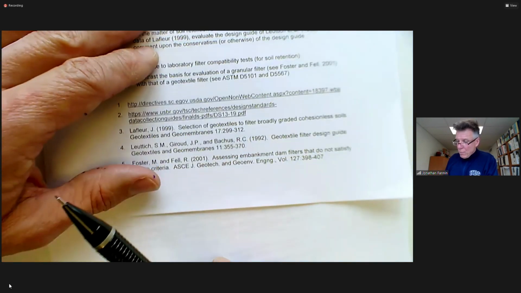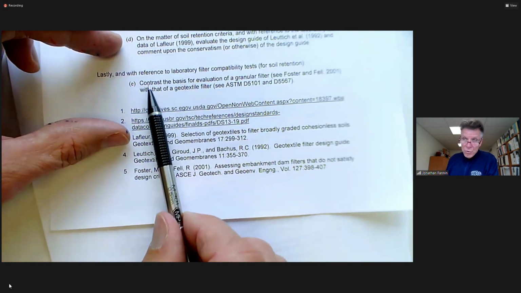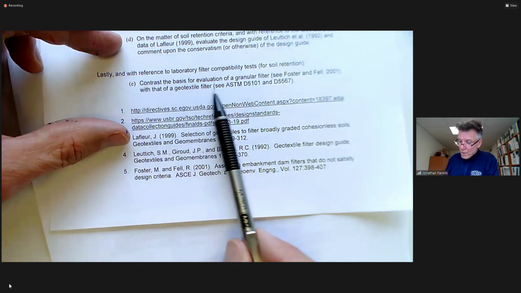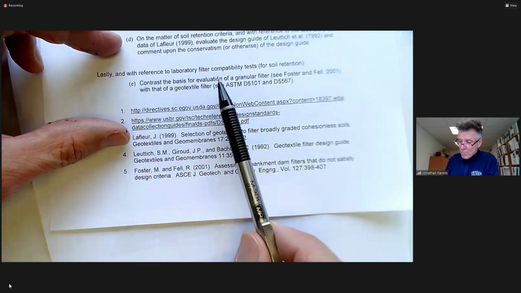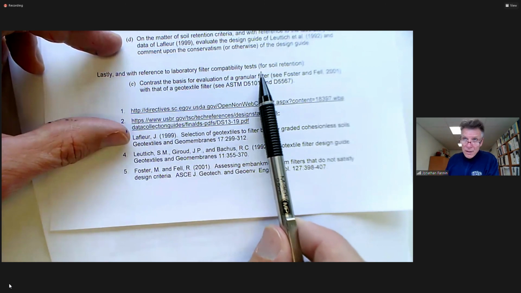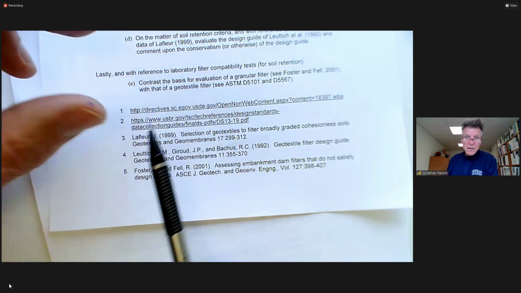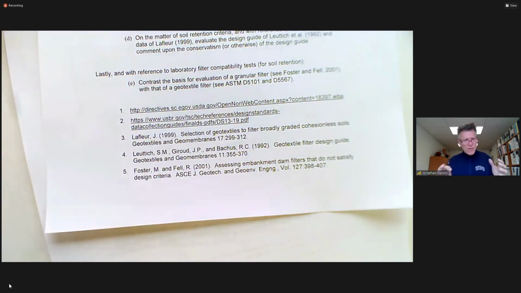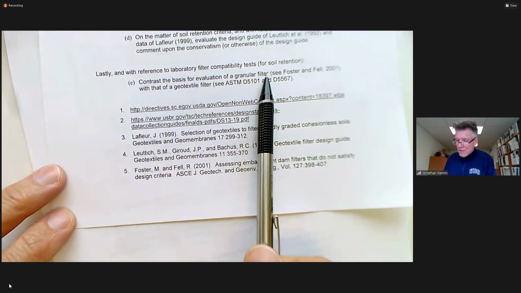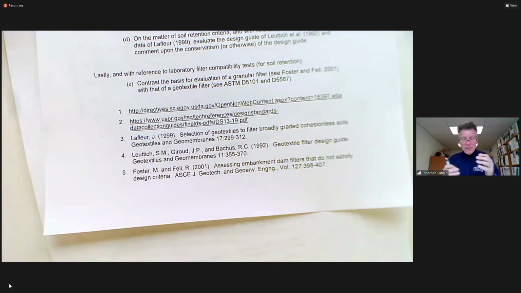And then, were you on a project? It would be a big project. Then how would you test the compatibility of a granular filter, and how would you test the compatibility of a geotextile filter? And do we do it in the same way? Do we expect the same things? Do we apply the same set of rules for granular filters and geotextile filters when we want to evaluate them for a project?